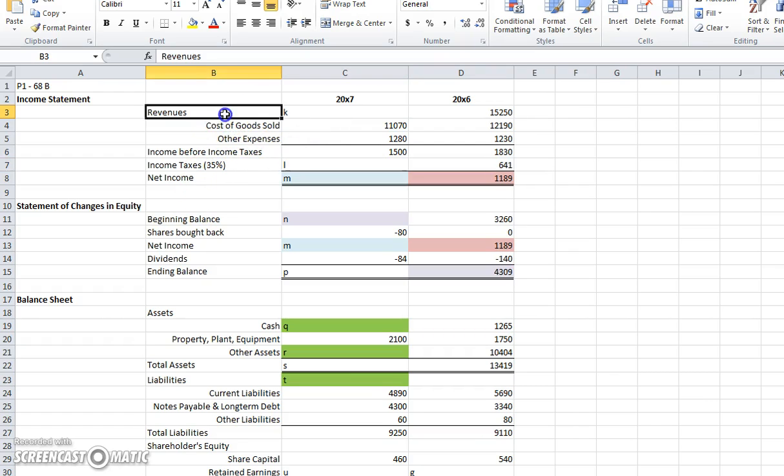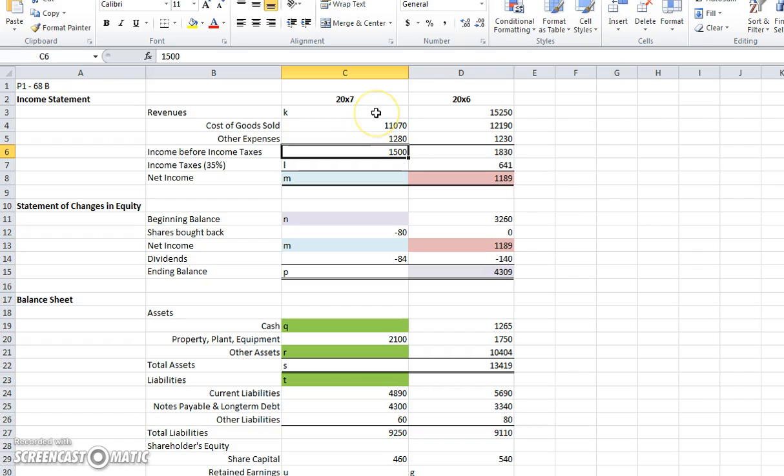So what do we have to calculate? Revenues minus expenses, then you get your income before income tax. Then you subtract your income taxes in order to get your net income. That's a lot to get to net income, but we'll do it. We know the income before income taxes, the revenues minus expenses, gives you this amount.